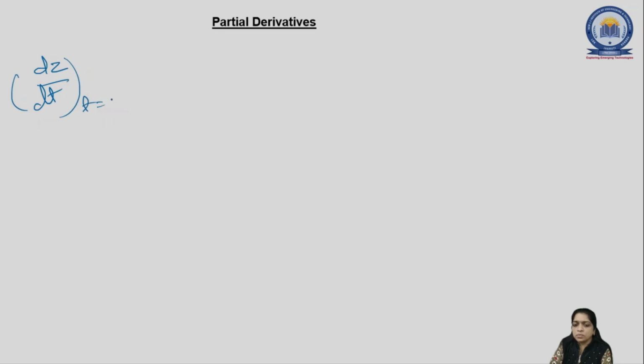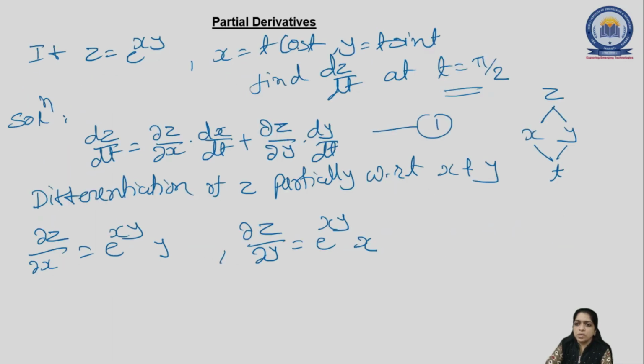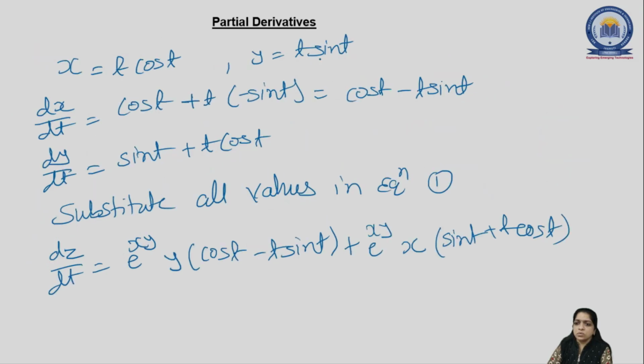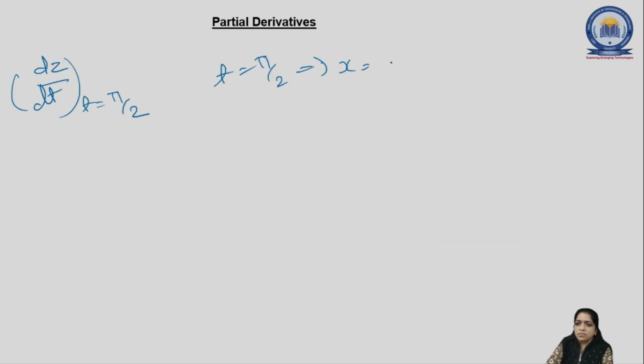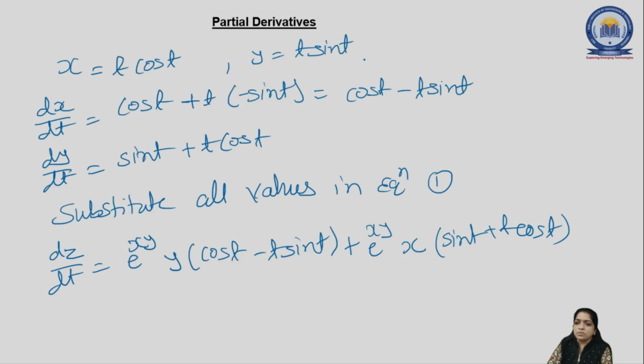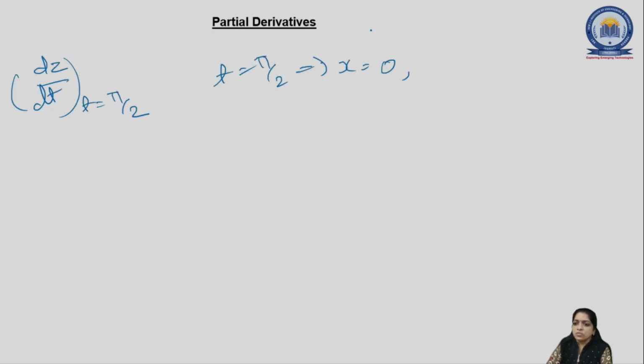First, if I put t equal to pi by 2, the value of x is t cos t, so cos pi by 2, as we all know, is 0, so the value of x is 0. And if I take t equal to pi by 2 in y, then sin pi by 2 is 1, so the value of y is just pi by 2.